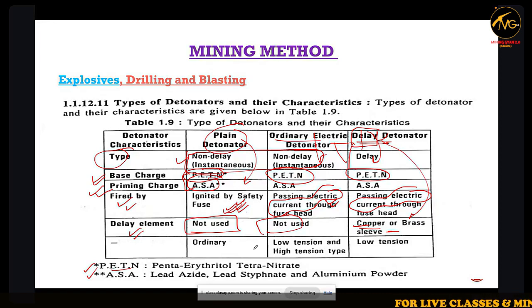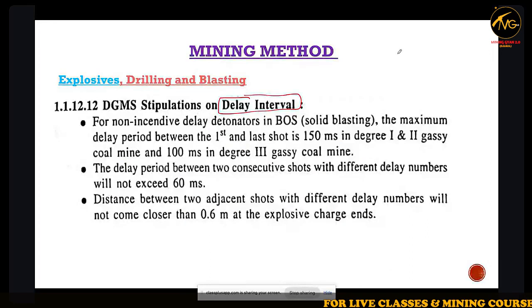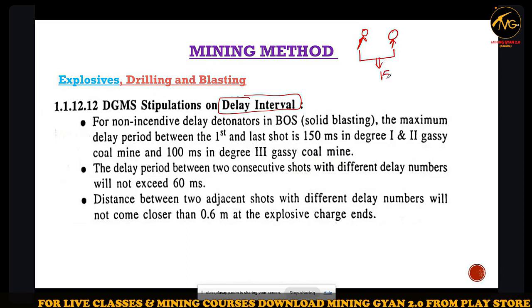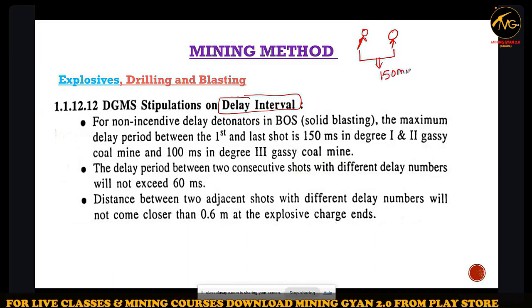Then I told you to mug up or remember this delay interval point if they ask us, because AK Gorai mentioned it. If we are using the first delay detonator and the last delay detonator, their interval should not be more than 150 milliseconds in degree 1 and degree 2.